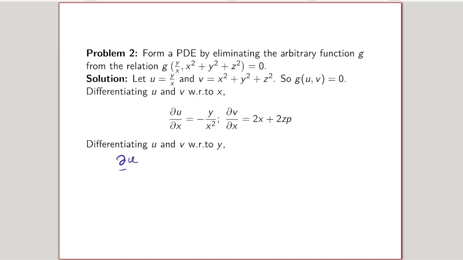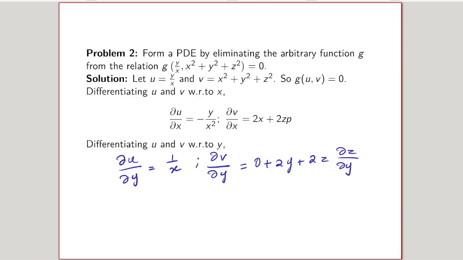So dou u divided by dou y, it is nothing but 1 by x, because 1 by x can be treated as constant. So constant into y, if you differentiate it, you'll get that constant alone. And then dou v divided by dou y, this is nothing but 0 plus 2y plus 2z into dou z divided by dou y. So dou v by dou y, it can be written as 2y plus 2zq.